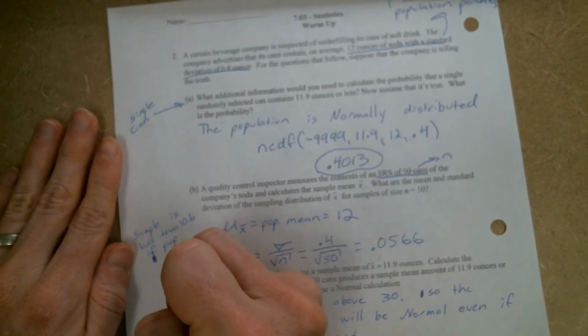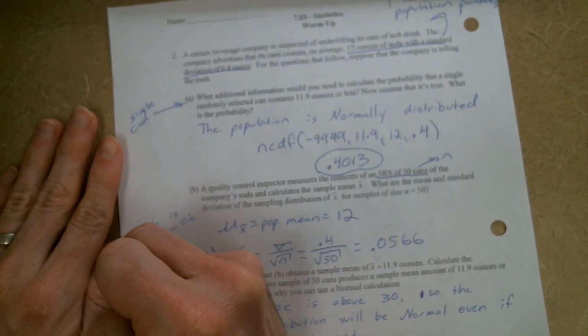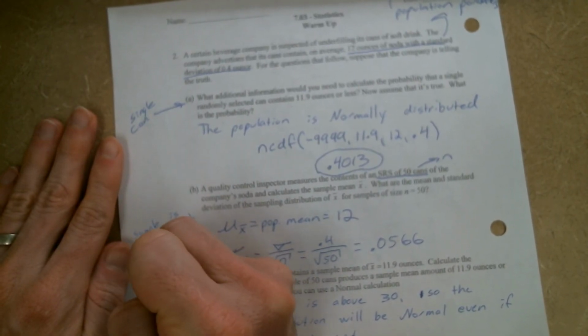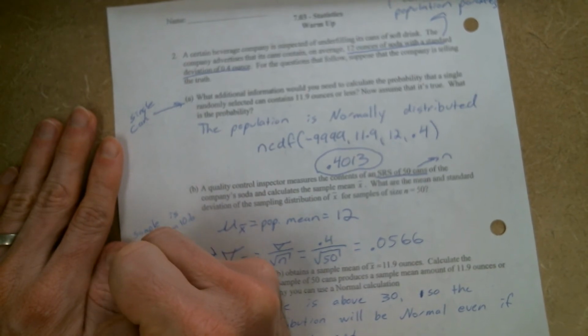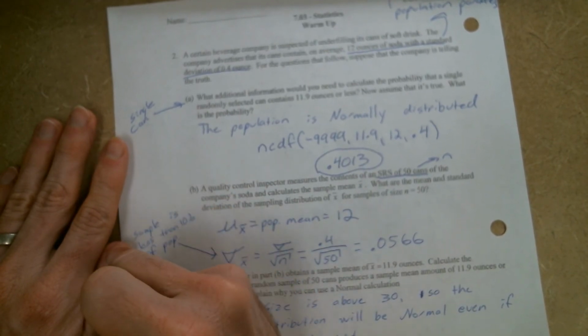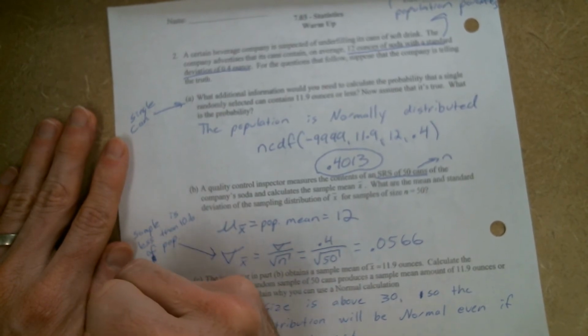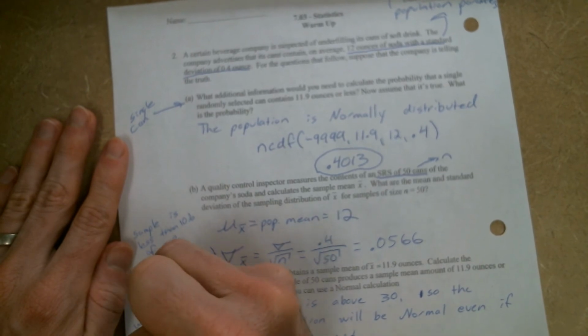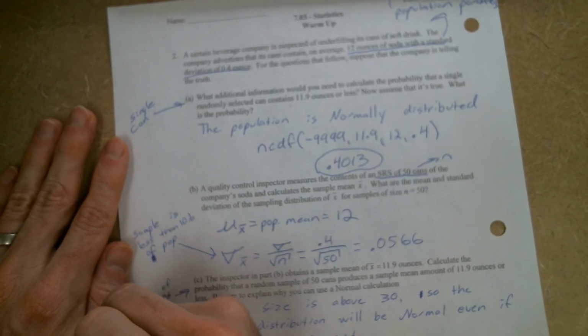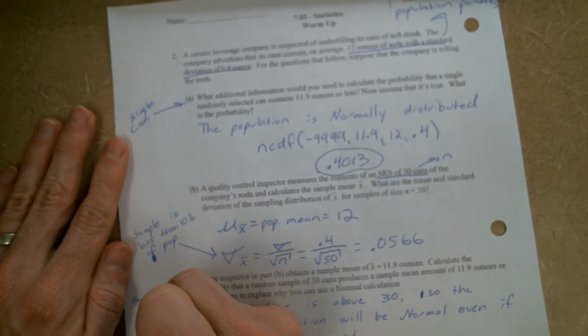This one is asking, what are the odds of having a sample of 50 cans where the average of those cans is below 11.9.